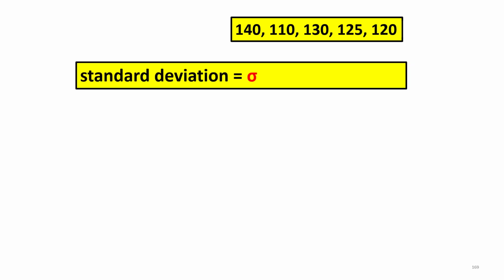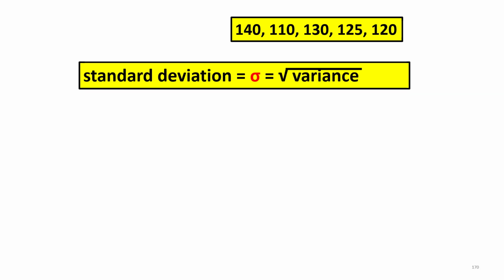The standard deviation is a measure of how spread out numbers are. Its symbol is the Greek letter sigma, the 18th letter of the Greek alphabet, shown here in red. And the formula is easy. It's the square root of the variance. So now you ask, what is the variance and how do I calculate it?